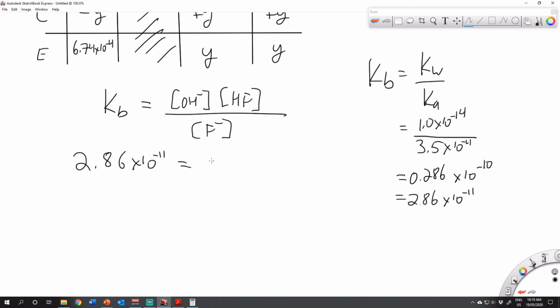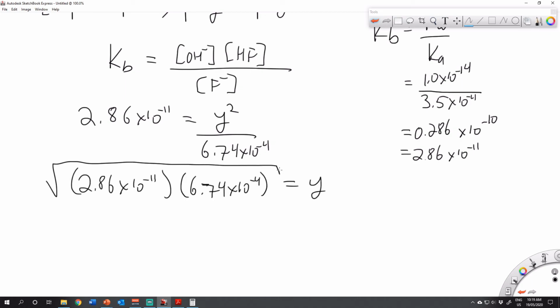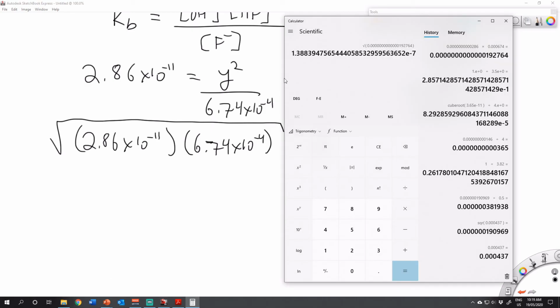The concentration of OH and HF is y squared. F minus is 6.74 times 10 to the negative 4. So we'll have to multiply the two together and then square root it. So square root all that, that'll equal what y is, the concentration. Okay, we get y equals 1.397 times 10 to the negative 7.